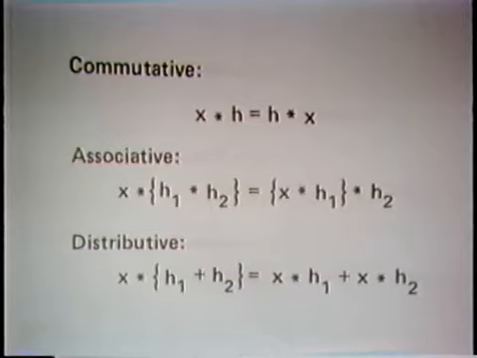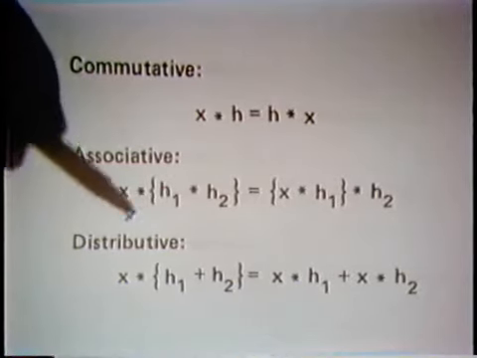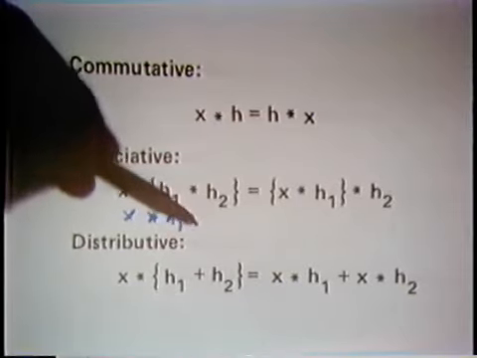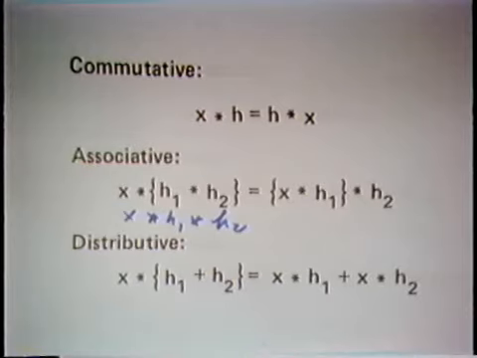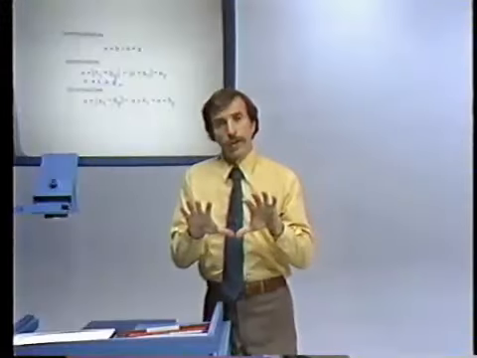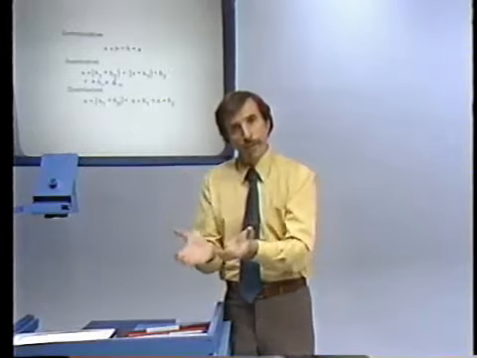What this permits is for us to write, for example, x convolved with h1 convolved with h2 without any ambiguity, because from the associative property it doesn't matter how we group the terms together.